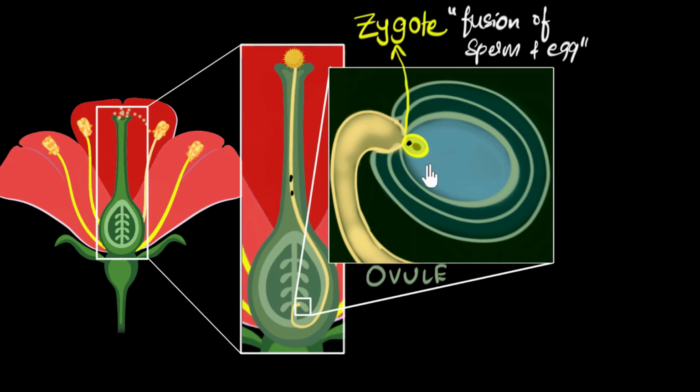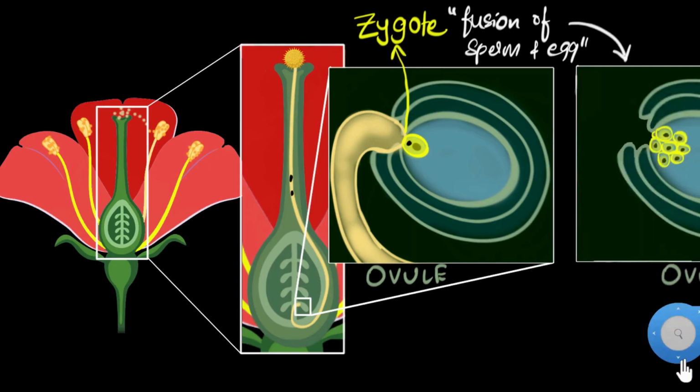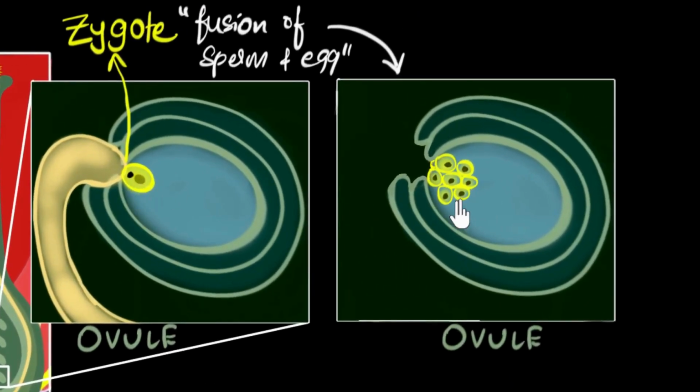What happens next? Well, next, a lot of changes start happening. First of all, the pollen tube has done its job, so it'll start disintegrating. Then we will see that the zygote will start dividing from 1 to 2, 2 to 4, 4 to many. So let me show you that. So here it is. We can now see the zygote is multiplying.